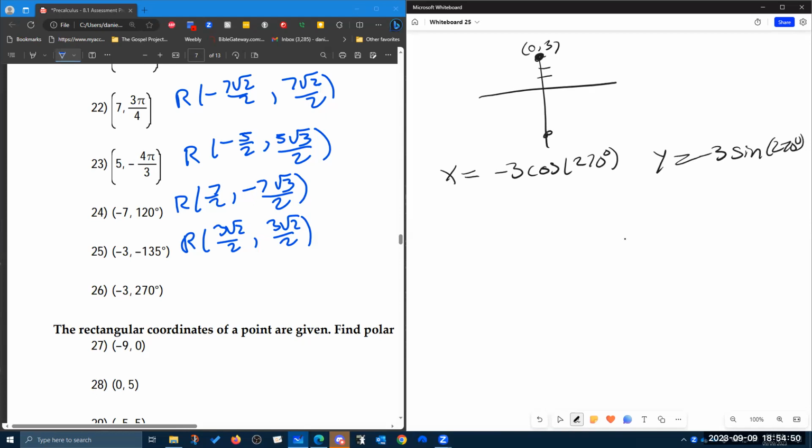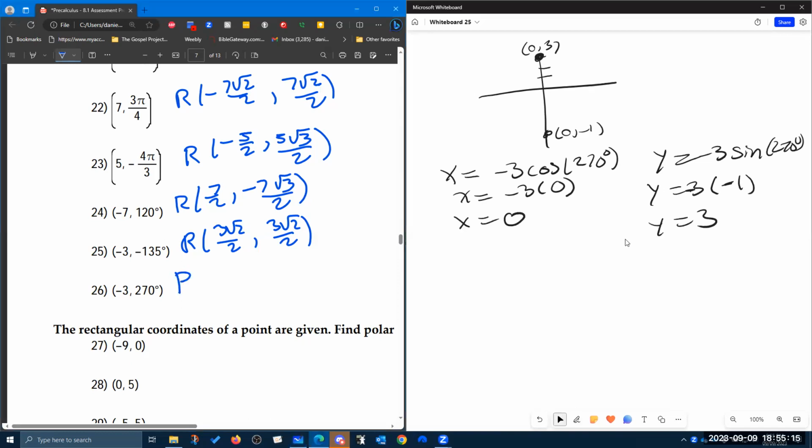We're looking on the unit circle here at 270 degrees. We're at 0, negative 1. So the cosine of 270 degrees is 0. The sine of 270 degrees is a negative 1. So x equals 0, y equals positive 3. I'm at the rectangular point 0, 3.